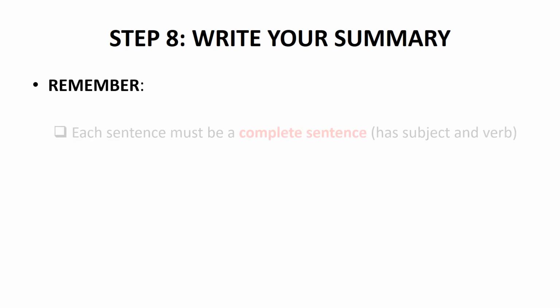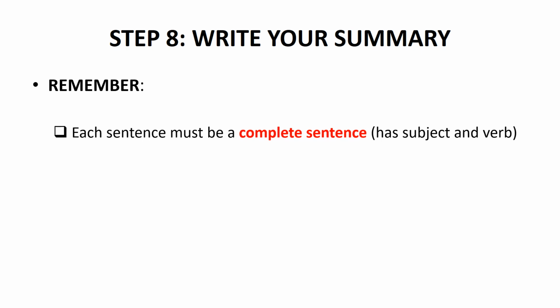When writing your summary, you must remember two important things. The first one is each sentence must be a complete sentence. What is a complete sentence in English? The sentence must have subject and verb.